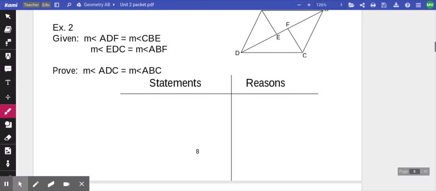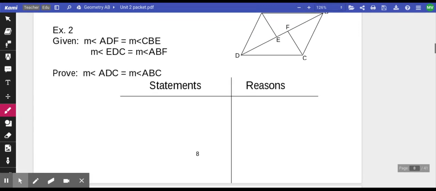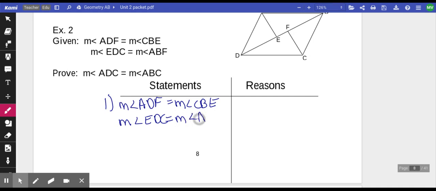So now I'm going to go through this example. So we are given that the measure of, so the first thing I always write down is my givens. We're given that the measure of angle ADF is equal to the measure of angle CBE, and that the measure of angle EDC is equal to the measure of angle ABF. So that in our reasons is given.